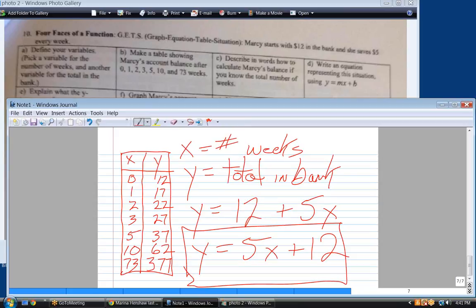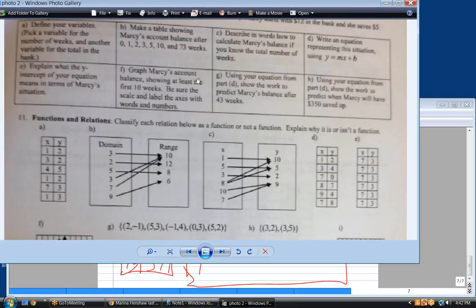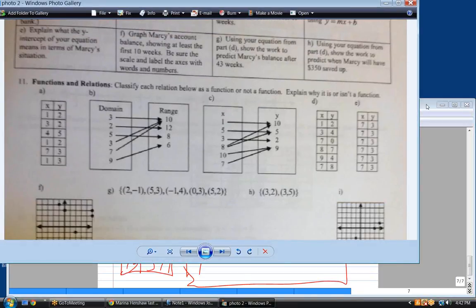The exercise here is to take a word statement and convert it directly to an equation, then do with it what you have to. In terms of converting that word statement into an equation, it was y equals $12 plus 5 times the number of weeks. Then we switch it into mx plus b format. That's just the easiest way to do it.